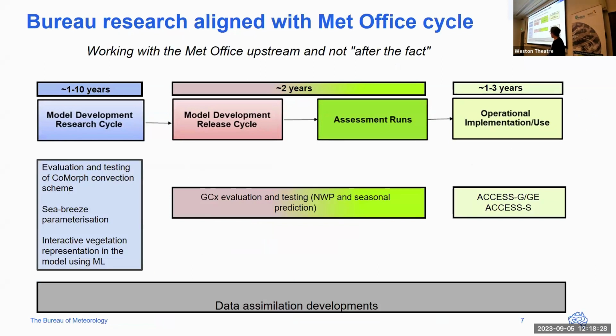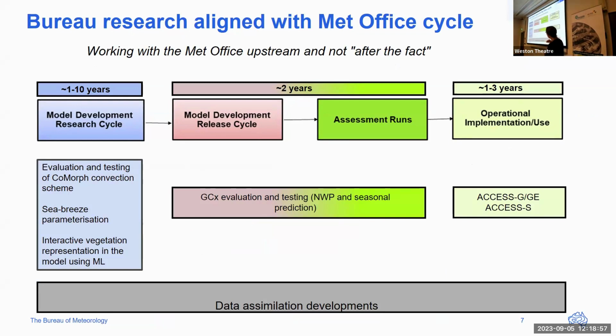So at the moment, where are we sitting in all of this? We have a small component in the model development part. We are not actually involved in developing a new convection scheme for components, but we are involved in testing and evaluating it. We do have some work looking at how to parameterize sea breezes in models, which will be linked to the convection, and some work looking at how we can maybe represent interactive vegetation in the models using a machine learning approach.